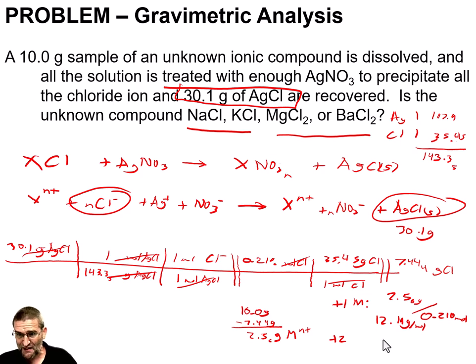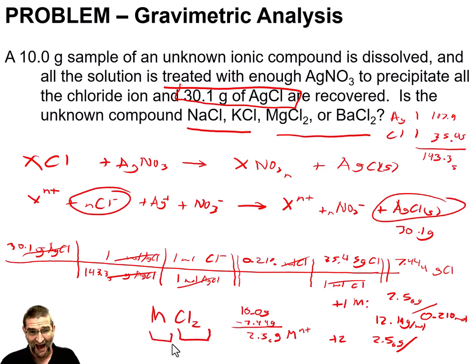So for this, we're going to do the same thing. We'll have our 2.56 grams, but if it's a +2 metal, there can only be half as much of it as we have the chlorine. What I mean there is, remember, if I have MCl2, whatever number of moles I have for the chlorine, the metals have to be half of that, right?